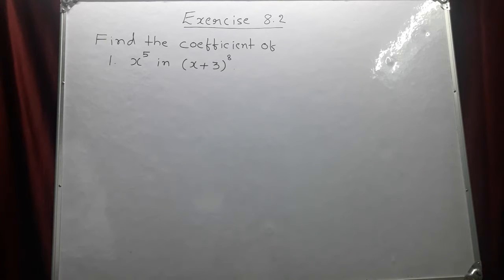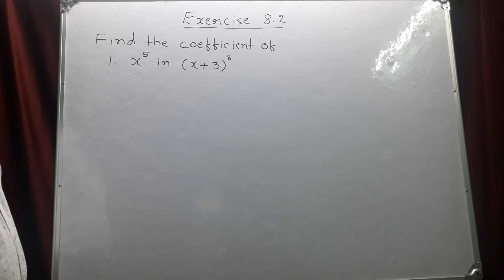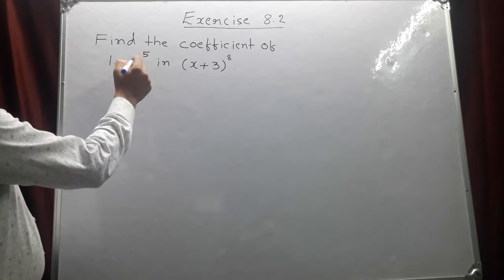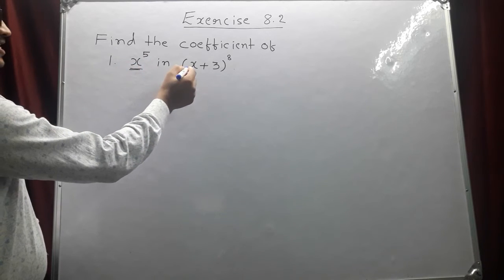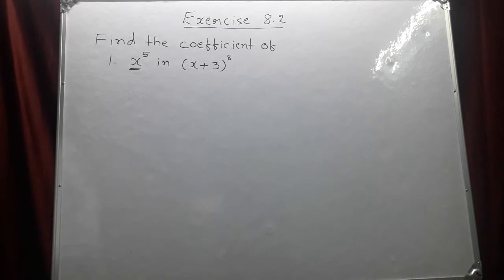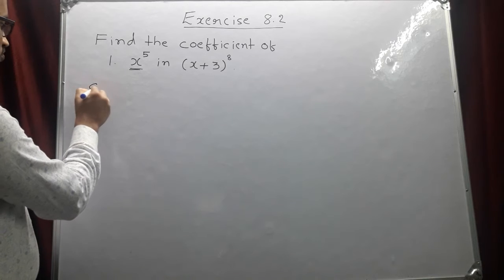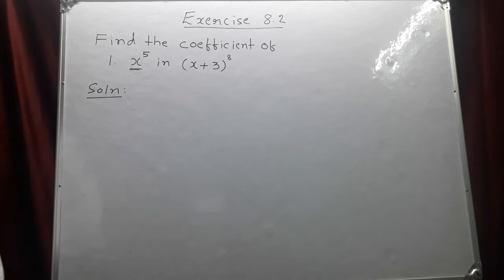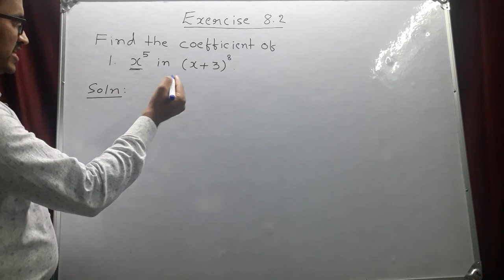Next, exercise 8.2. Find the coefficient of, first question, x power 5 in (x plus 3) power 8. So we have to find the coefficient of x power 5 in (x plus 3) power 8. So solution. We know the general term.